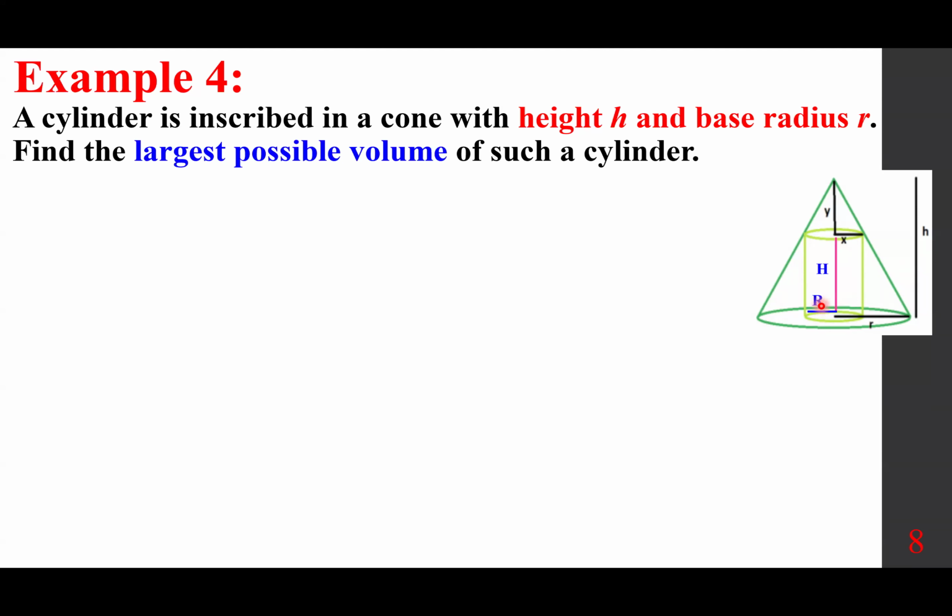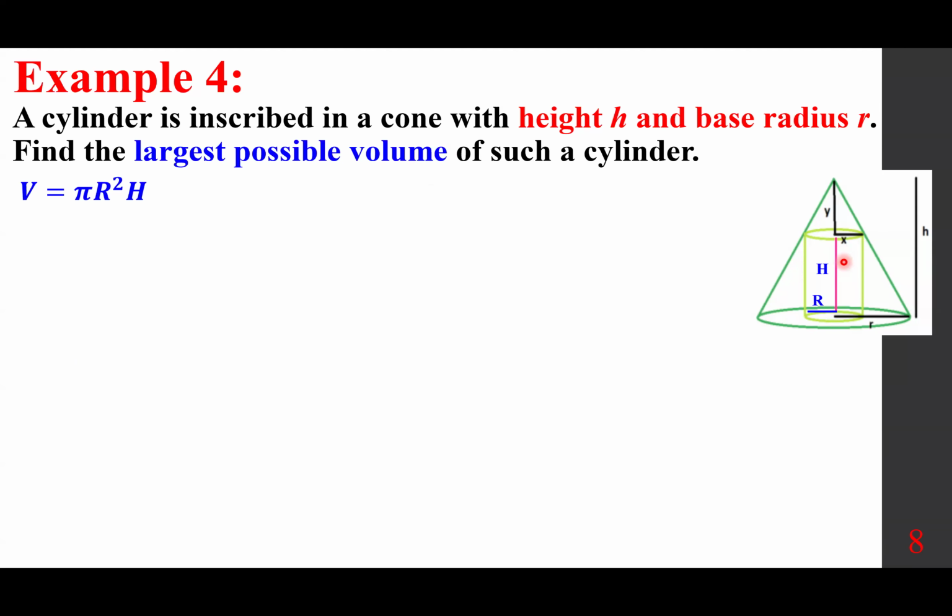We're going to call them the same, but it's a different R, so capital R versus lowercase r. Remember, lowercase r and h are fixed. This cylindrical shape must have a largest possible volume, and the formula is pi R squared H, both of them capital.